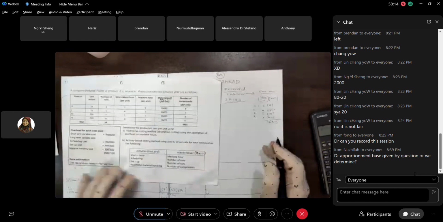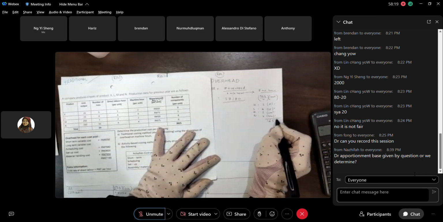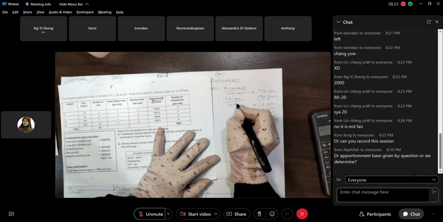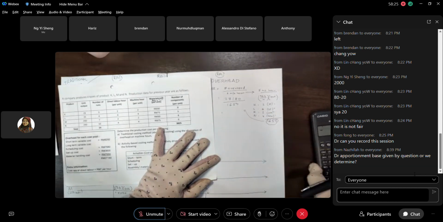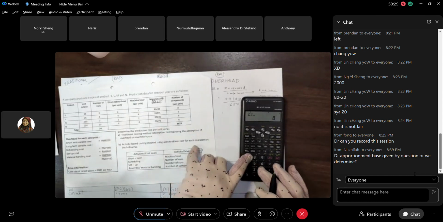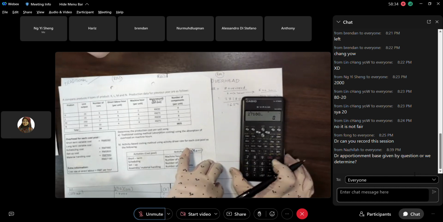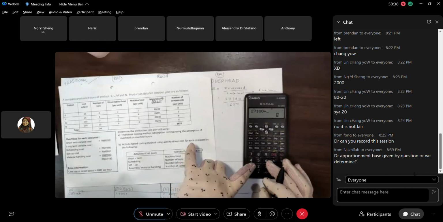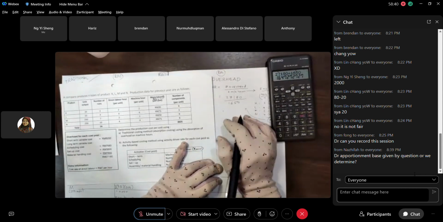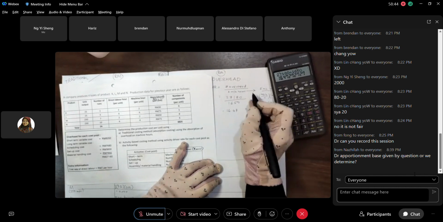Faham tak? Okay, after that, machine hours. Okay, now put the 1650 here. So you will get 16.47.